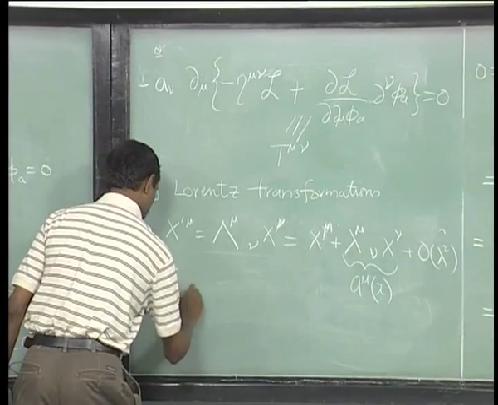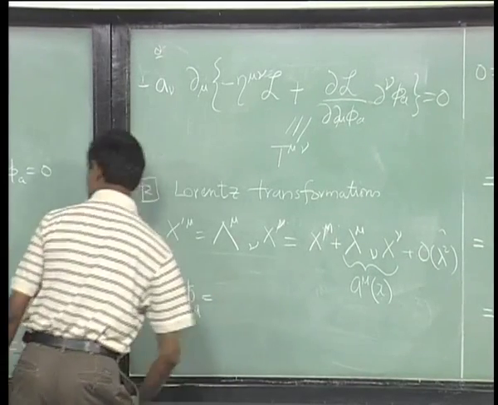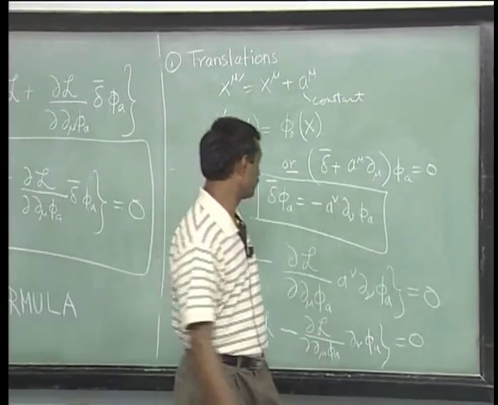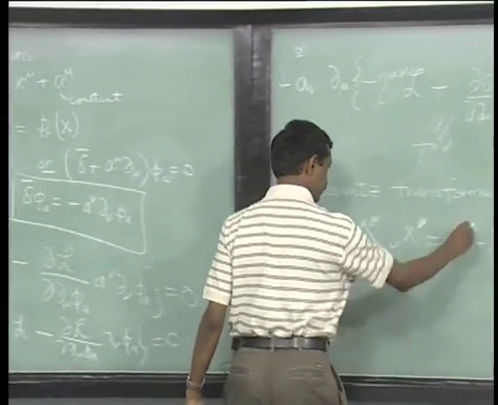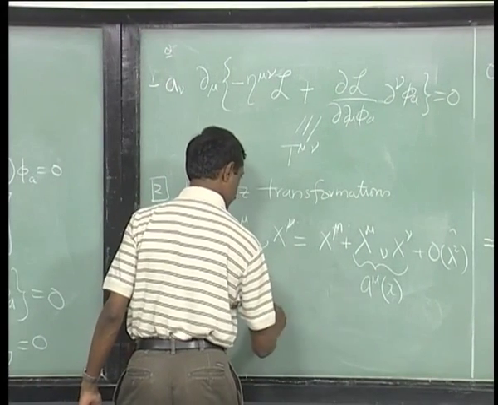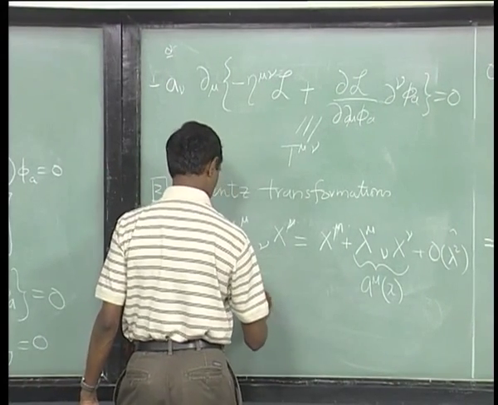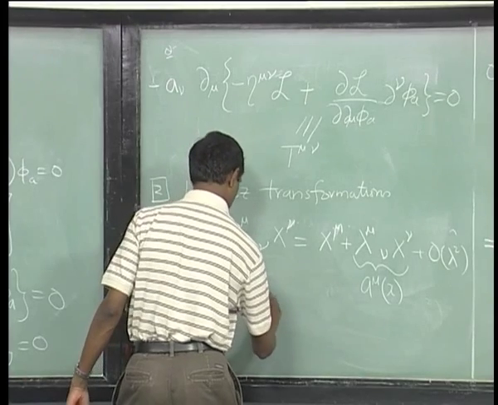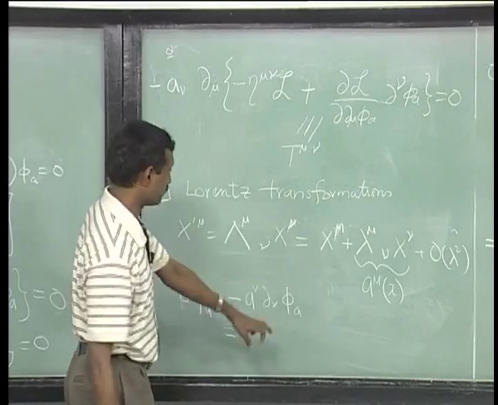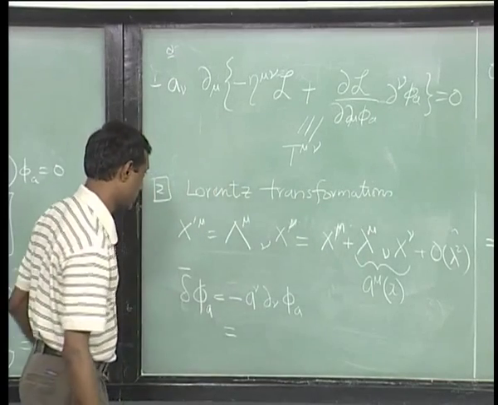What about delta bar of phi a? This formula will just go through, except a nu should become something else. So a nu d nu of phi a, which should be equal to, now I have to plug in what this gives me.